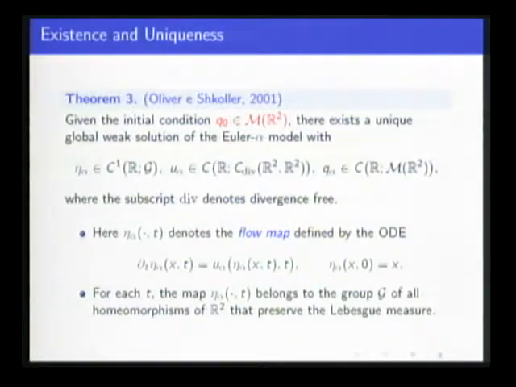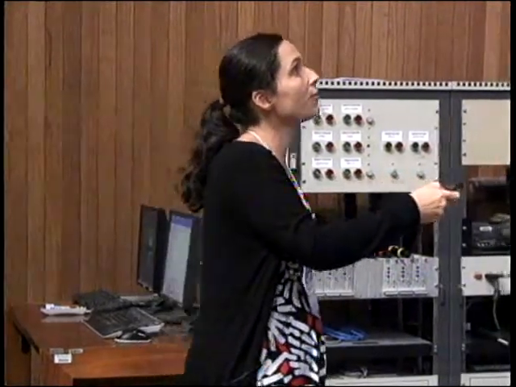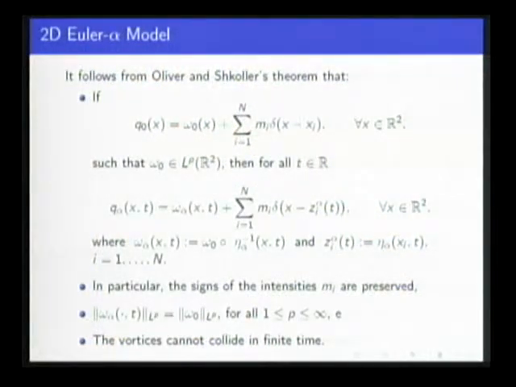So in particular, it follows from Oliver and Shkoller's theorem that if our initial vorticity has this form here, the sum of point vortices together with a bounded background vorticity, the background vorticity belonging to L^p, it will remain of this form for all t.